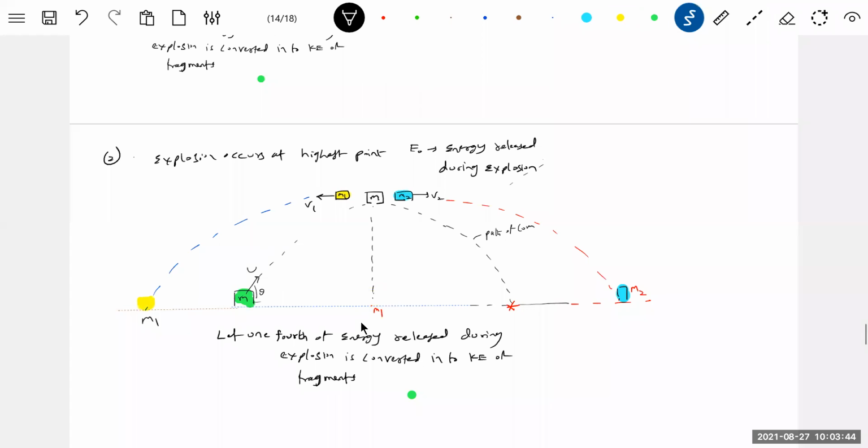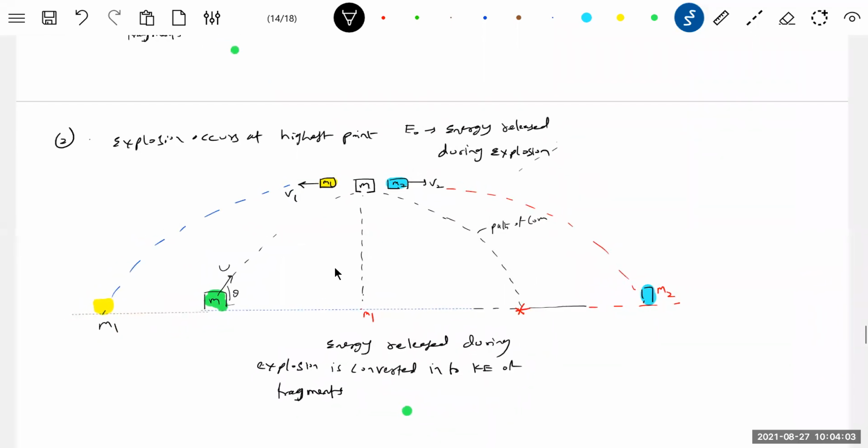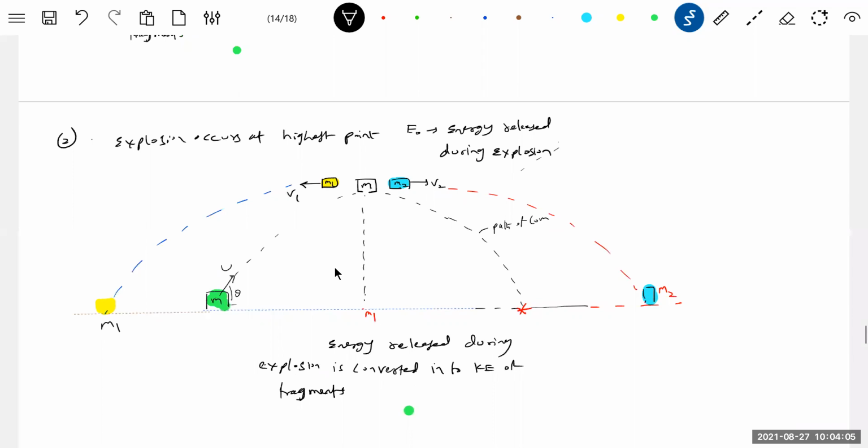Then what is the expression? Here I'll take one third of the total energy. The total energy released during the explosion is converted into kinetic energy of the fragments. So what equations will we write here now? Apply conservation of momentum again.